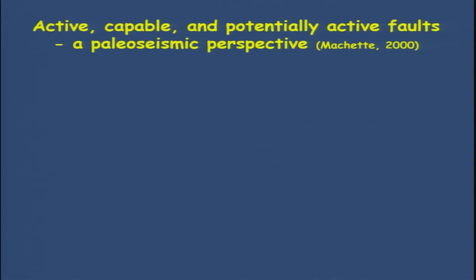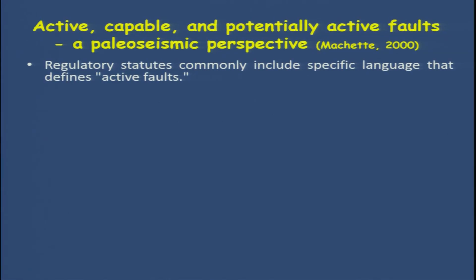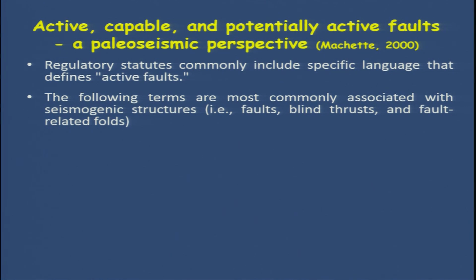So, further, regulatory status commonly includes specific language that defines an active fault. So, this will depend on region to region and country to country. So, the regulatory status of different countries will have different specific language in which they define their active faults.